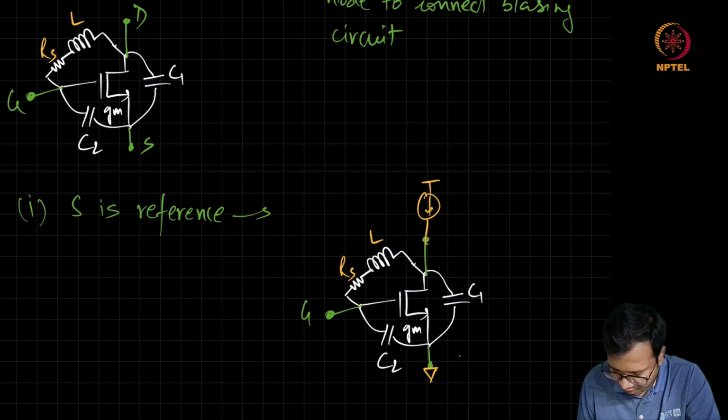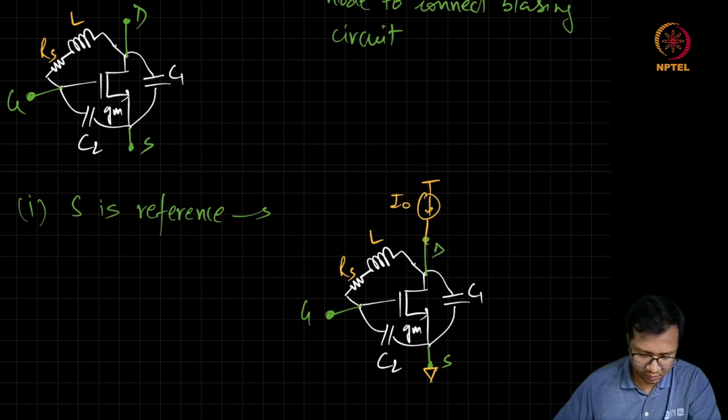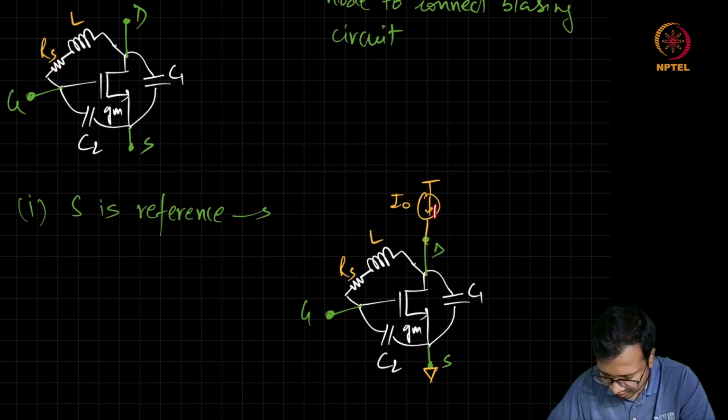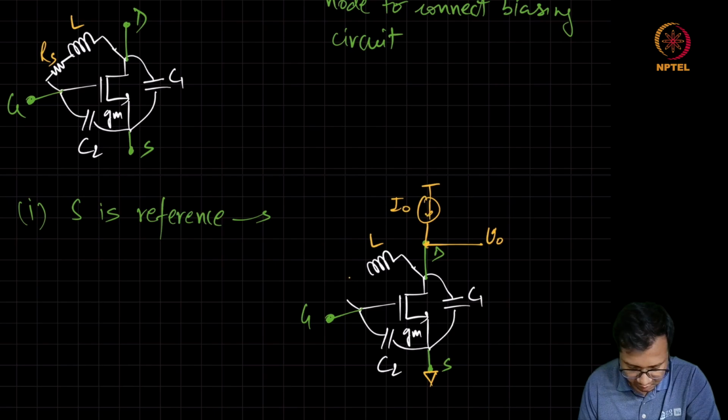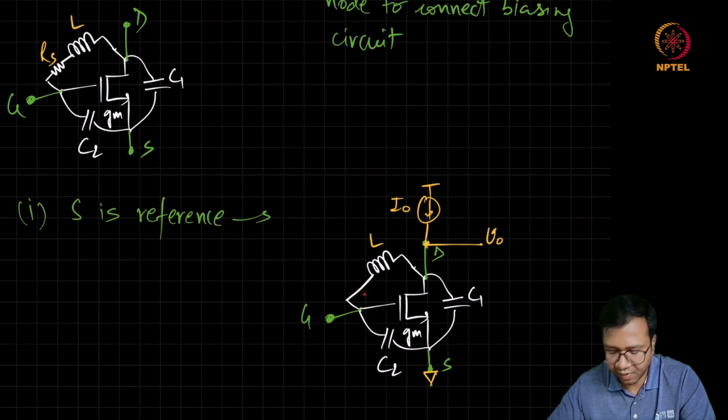This is gate, source, drain. Now here we can see that the bias current can flow through the transistor with the help of this current source while making sure that the drain node is not loaded by the biasing circuitry. We can take the output at the drain, and here we need not show this Rs explicitly because Rs is capturing the parasitic loss which is present in this network.